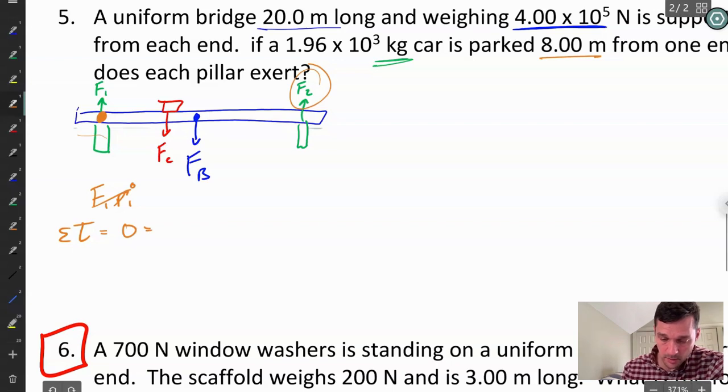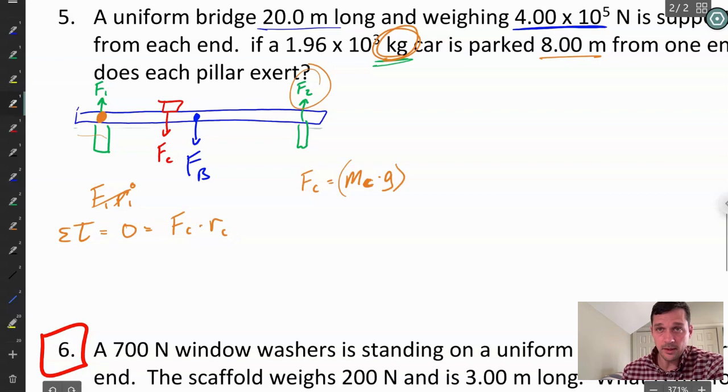So between the pillar and the car, that's 5 meters. So we've got the force of the car times its radius. Now, keep in mind, we're given the mass of the car. So the force of the car, off to the side here, is the mass of the car times g. Can't forget to multiply by gravity.